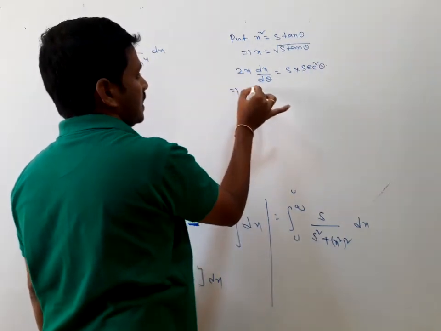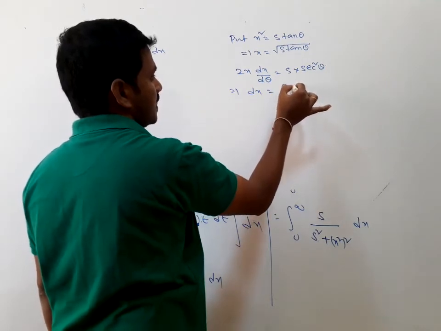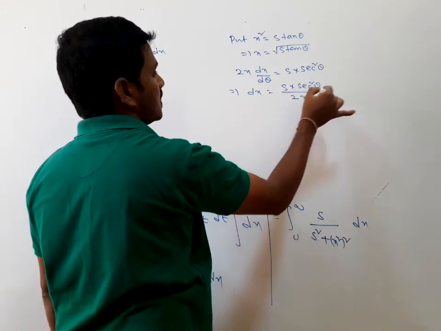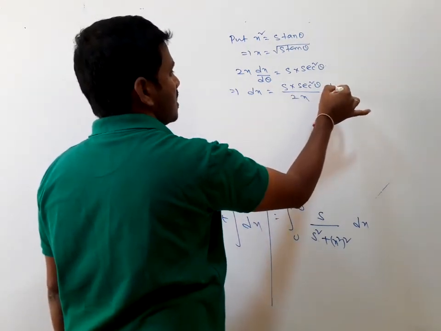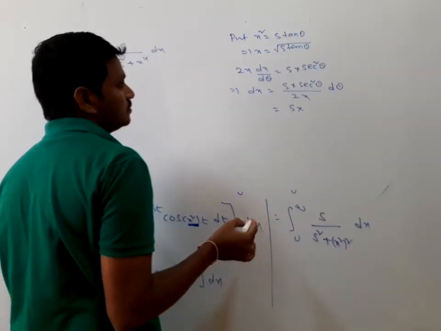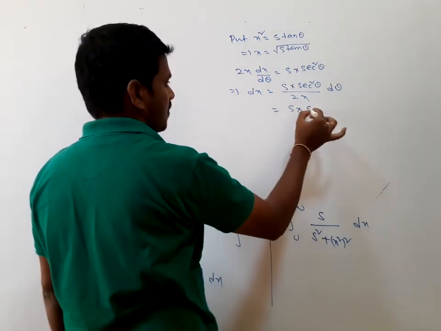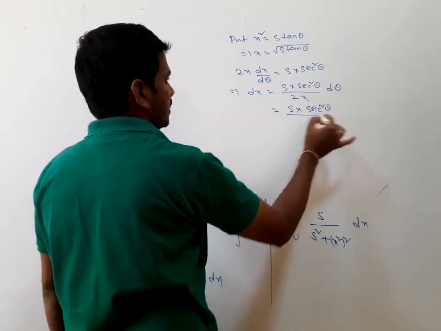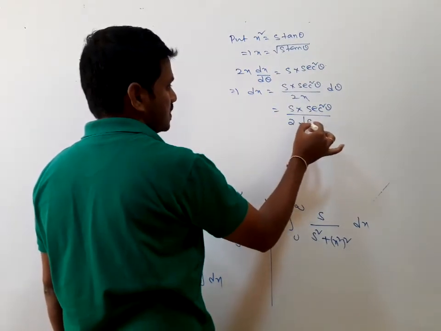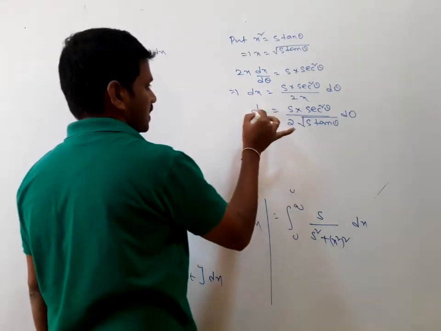That implies dx is equals to s secant square theta divided by 2x d theta, which is s secant square theta divided by 2 root s tan theta d theta. This is nothing but dx.